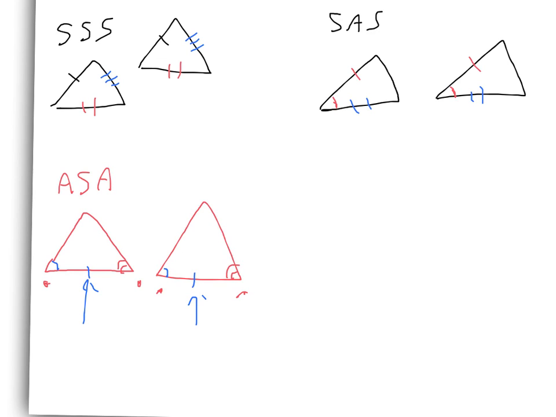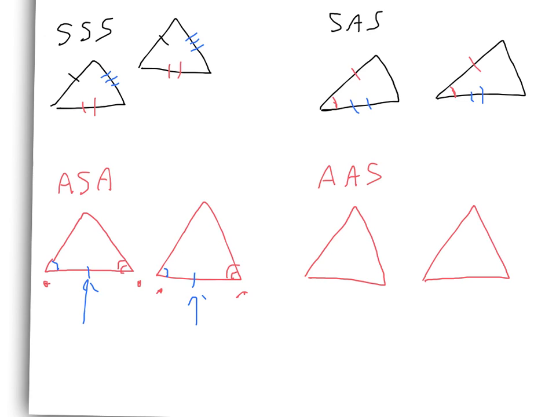Okay, all right, the next one is called AAS. Okay, and AAS stands for angle, angle, side. So if you have your triangles there, you would need to have two sets of congruent angles, and you would have to have a congruent side that is not in between those angles.